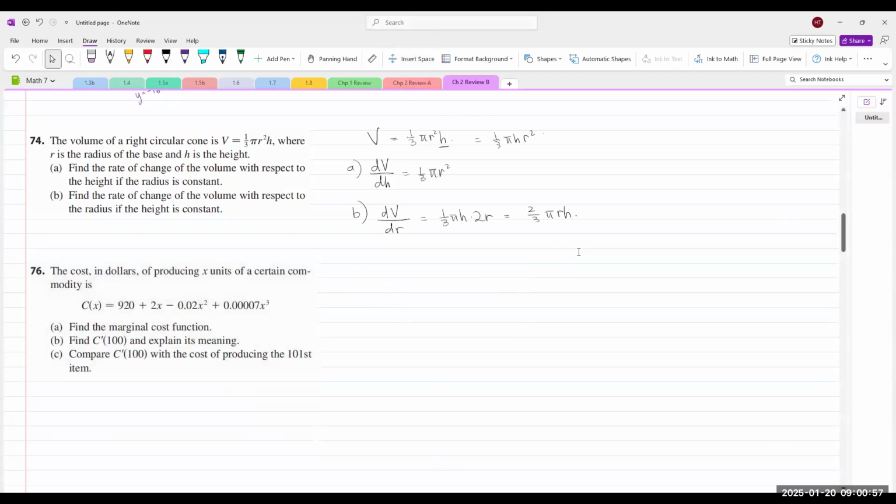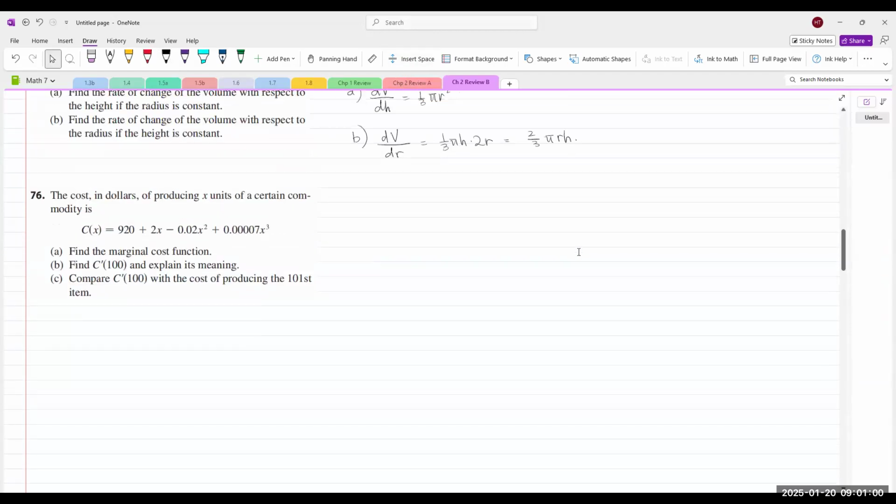Number 76. The cost in dollars of producing x units of a certain commodity is, let me copy down the cost function, 920 plus 2x minus 0.02x squared plus 0.00007x cubed. How many zeros after the decimal point? 4. Part A, what is the marginal cost function? That's the first derivative with respect to x. That's 2 minus 0.04x plus 0.00021x squared.